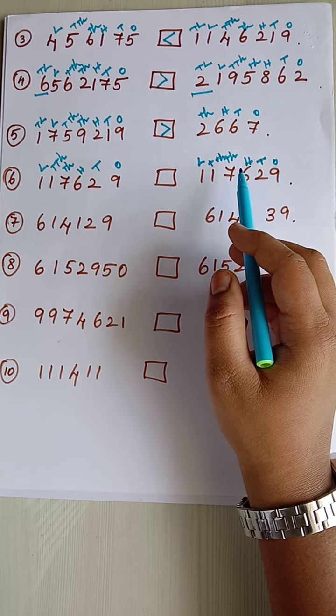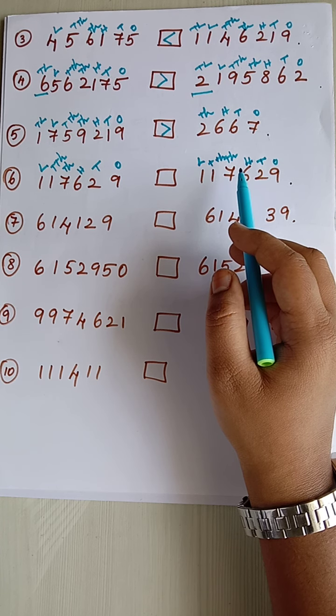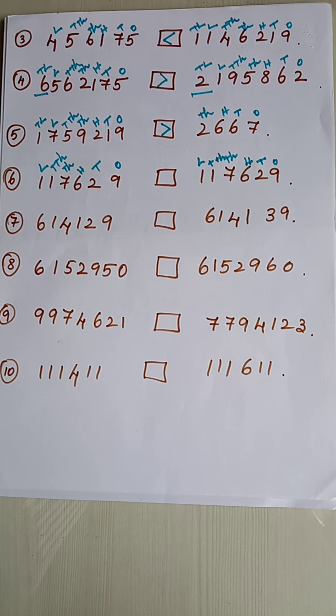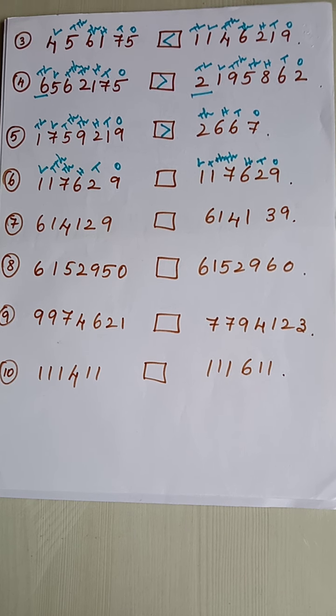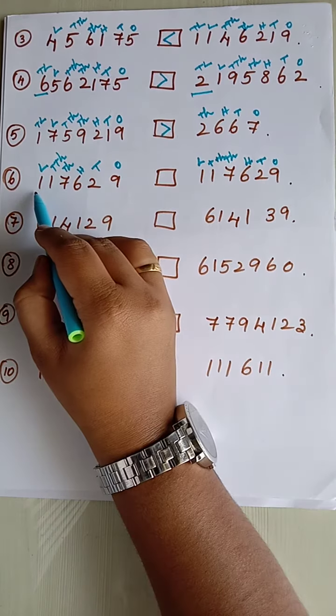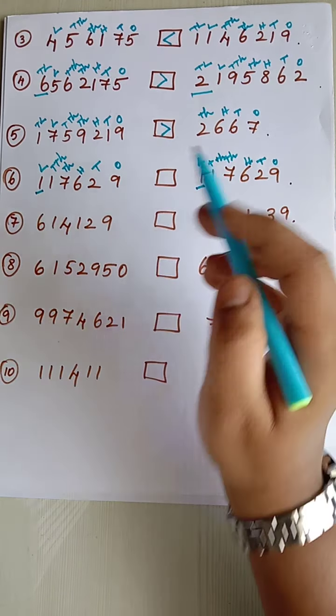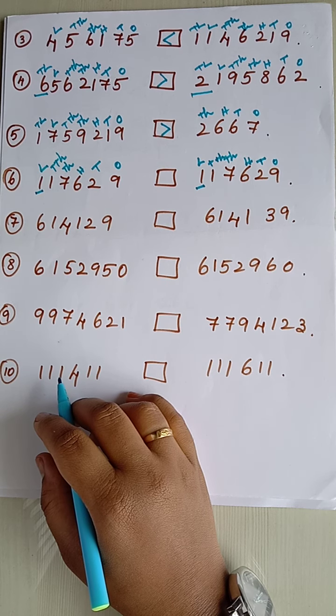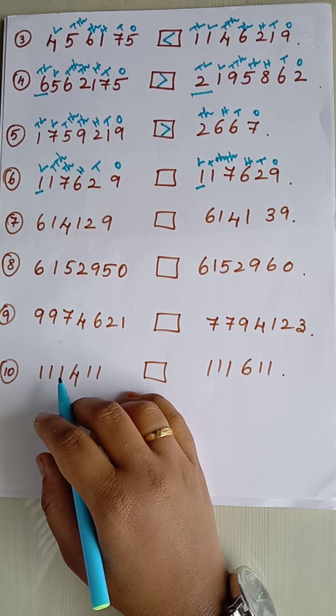Next, what we have to do? The third step is we have to compare the first digit of our number. While comparing the first digit, here it is 1 and this side also 1. Both the sides of our digits are same.